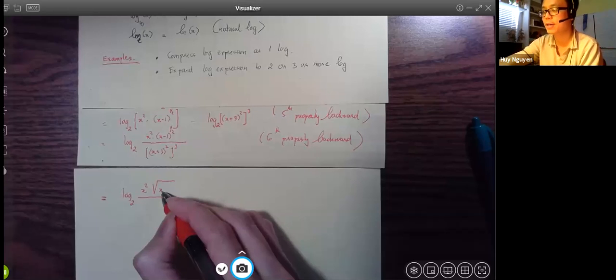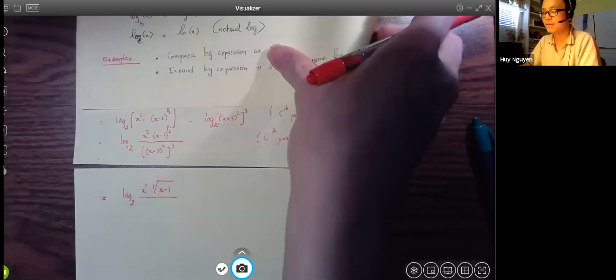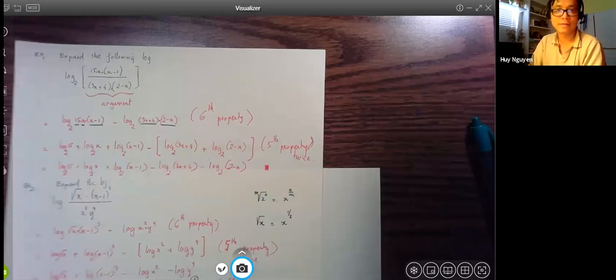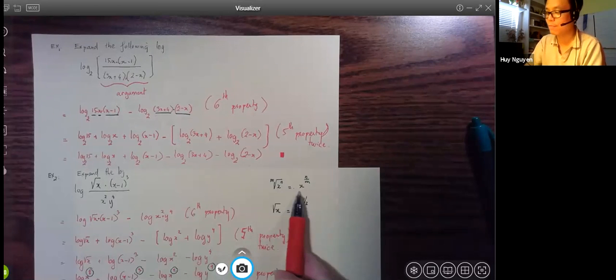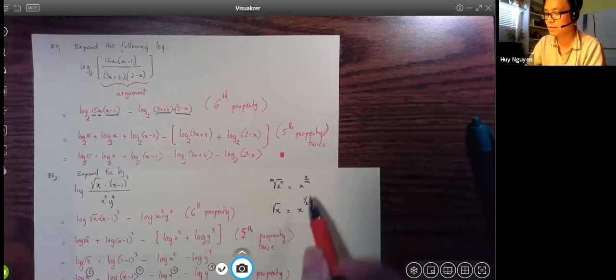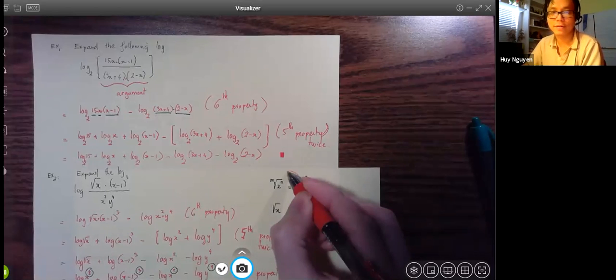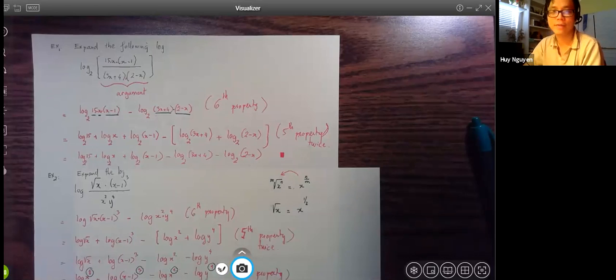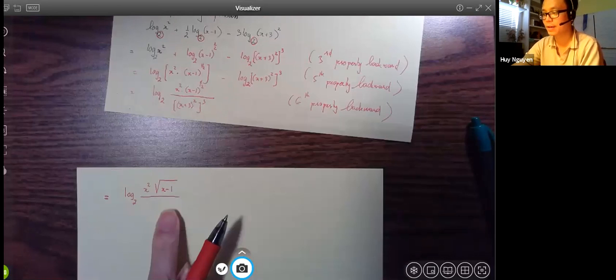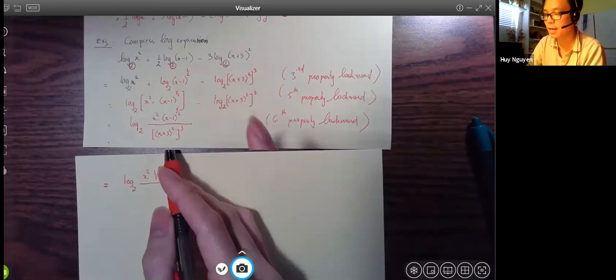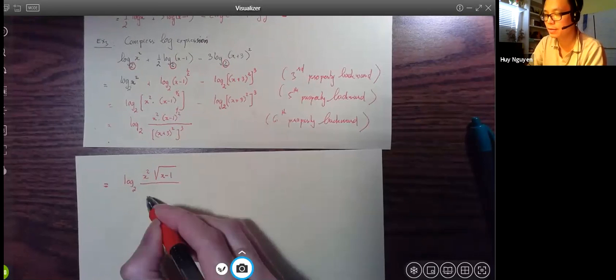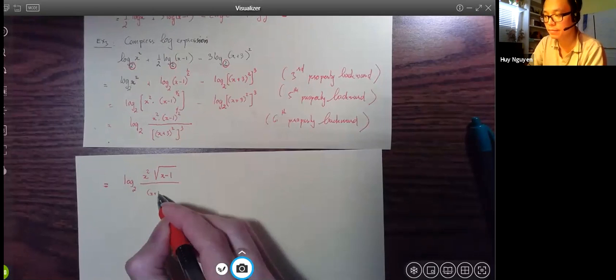Okay, the formula I just gave you over here, this formula, going backward. You have an exponent, I write it as a radical. This one, I can write it as x plus 3 raised to the 6.